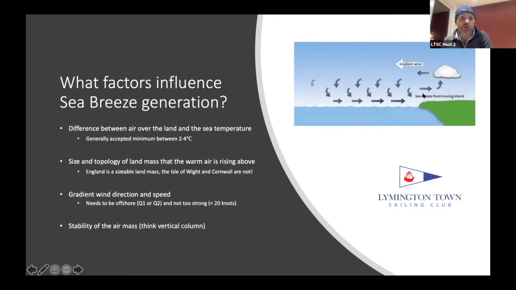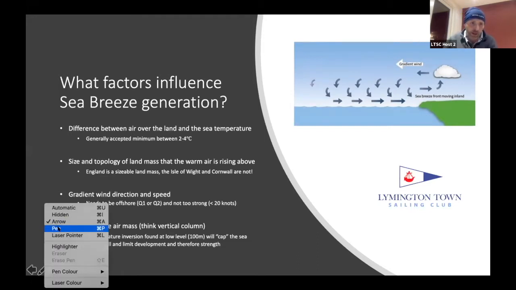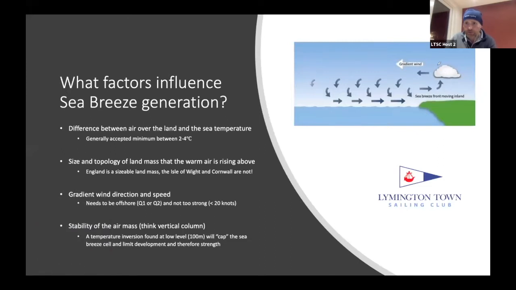And then the stability of the air mass we just touched on: if there's a temperature inversion found at low level, it'll cap that sea breeze cell. So one of the things to think about here is that this cell could be something like a kilometre high, 1,000 metres deep.